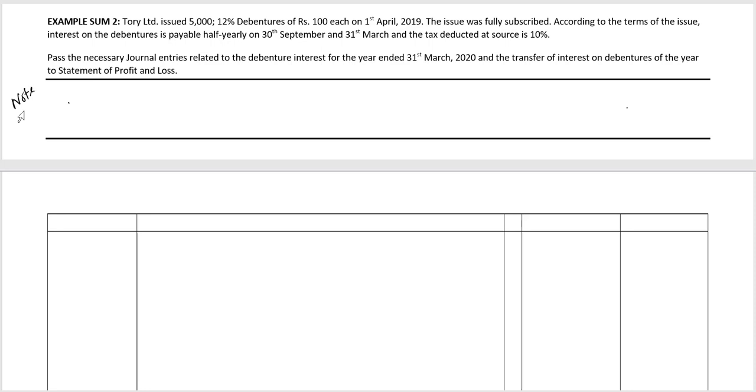We'll begin with a few notes. Total face value of debentures is equal to 5,000 debentures multiplied by rupees 100 face value per debenture, comes up to rupees 5 lakh.